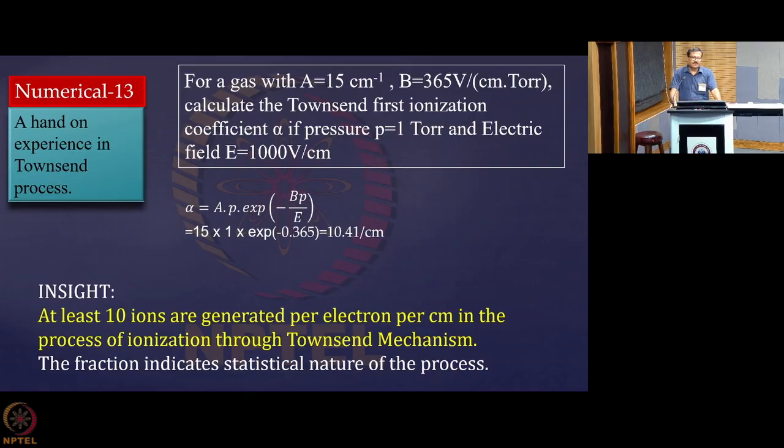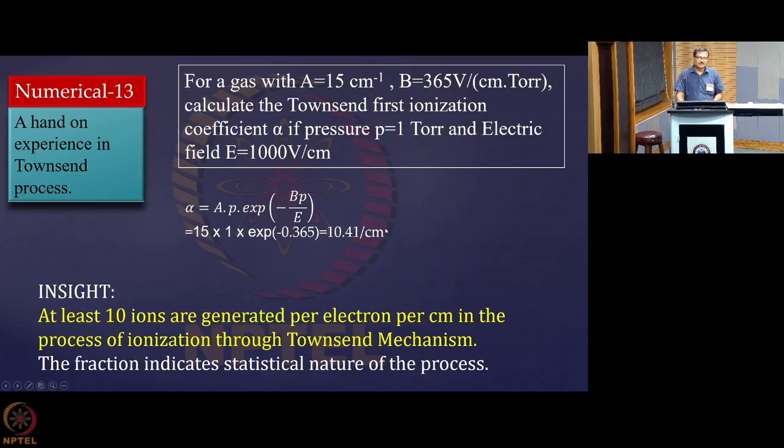So it is not that you are getting half of an electron or 1.5 electrons. You are getting a whole number of electrons, either 10 or 11 or 9. But when you do a large set of measurements and take the average, this fraction comes out.